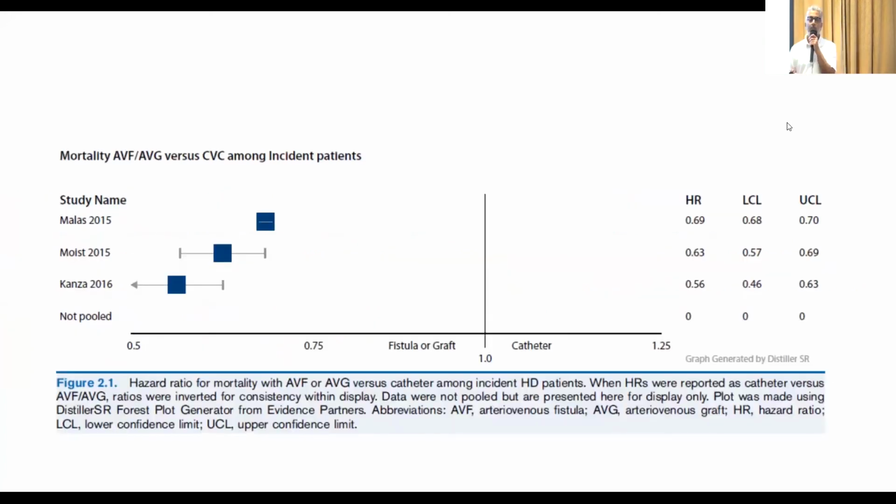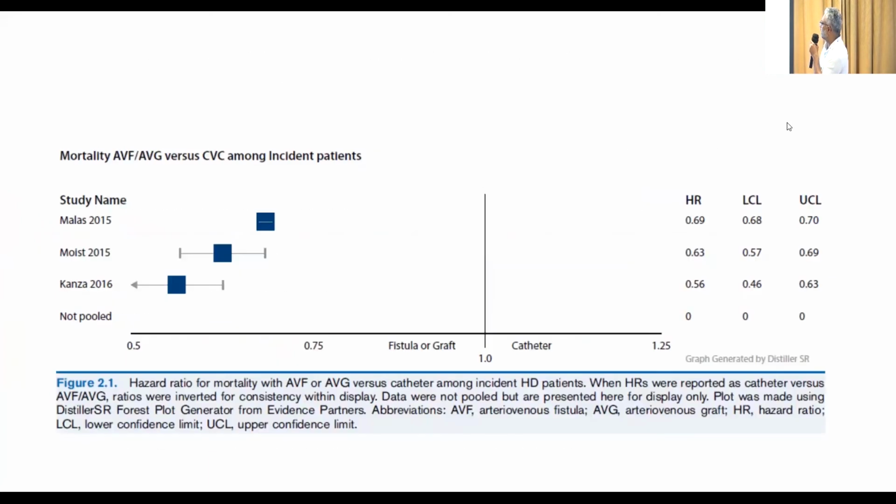So obviously they've compared mortality between AV fistula, AV graft, and central catheters. So who thinks central catheters are better than AV fistulas? Good. Who thinks AV fistulas are better than AV grafts? Excellent. So they've shown it here.